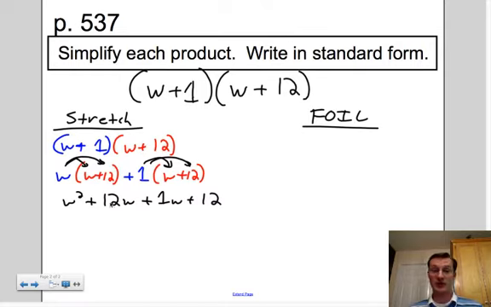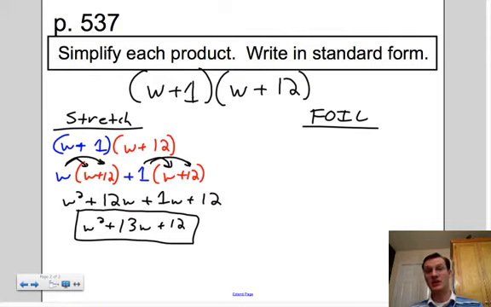Remember from what we've been doing, this is a quadratic term. Then we have the two linear terms and the constant. So the two linear terms, because it's to the first degree, to the first power, we do 12 plus 1 is 13w. So w squared plus 13w plus 12, and that would be my final answer.